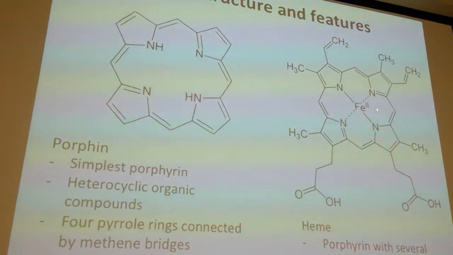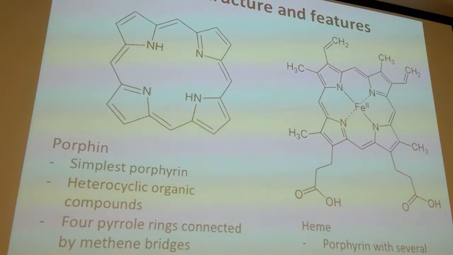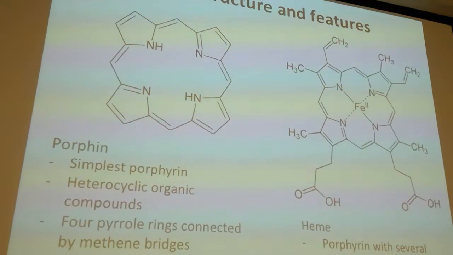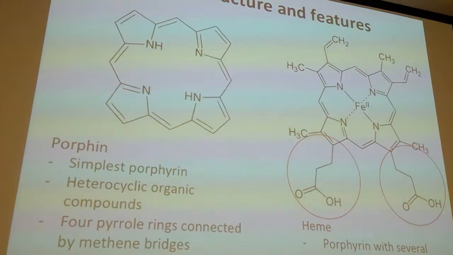Of course, we have the coordinated iron in the center, coordinated by these nitrogens. It has 2 additional binding sites, which could be used to bind oxygen or a histidine within a protein. And then we see a variety of added side chains. There are 4 methyl groups, 2 vinyl groups, and 2 propionic groups. And this is what makes heme heme.